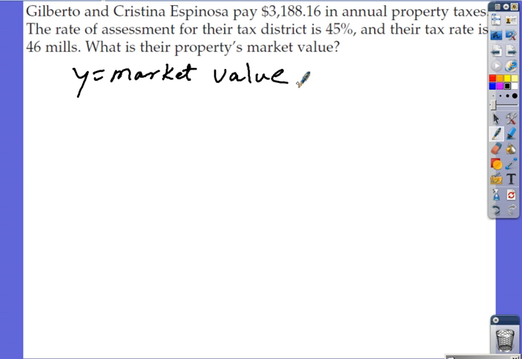My rate in mills is going to be, well, if we have 46 mills, remember, move the decimal 3 places to the left, 0.046. Okay, let's go ahead and set this up.